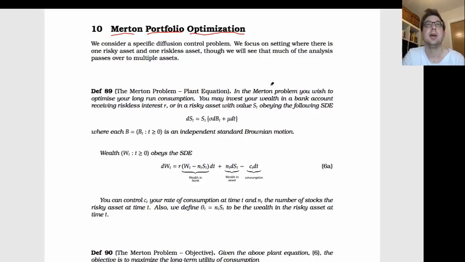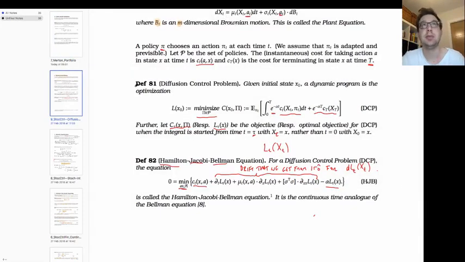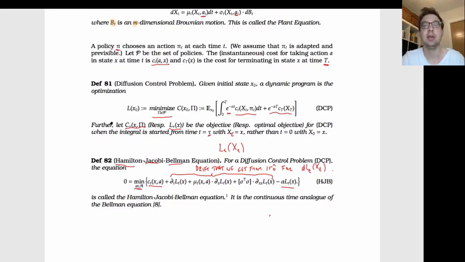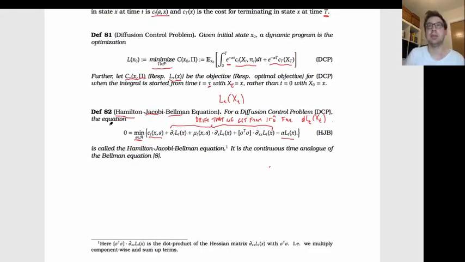Okay, so one of the things I'll quickly recap before we get going with this is our diffusion HJB equation, because we'll need to use that a fair bit. We're going to focus on solving HJB equations for diffusion control problems. So that's from this page here.